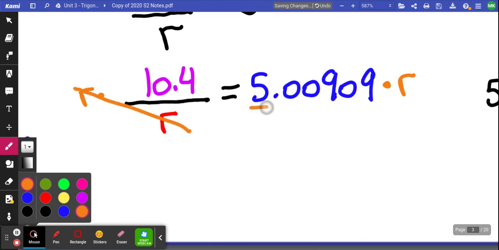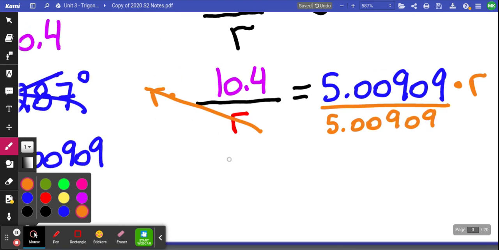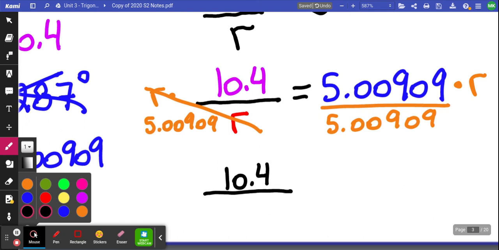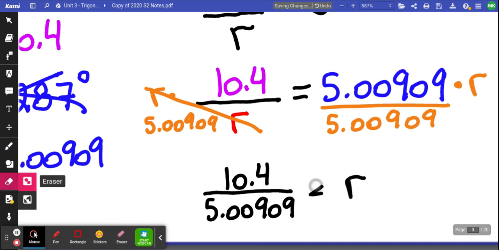And then divide both sides by 5.00909, so that you get this calculation: 10.4 over 5.00909 equals r, your radius.